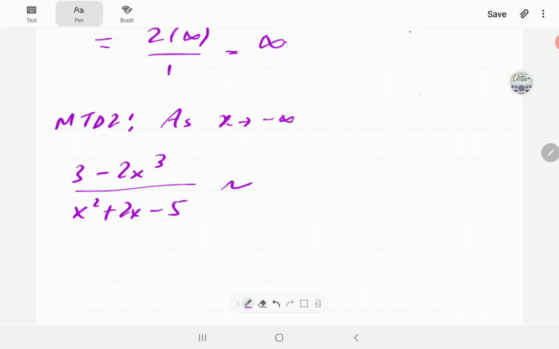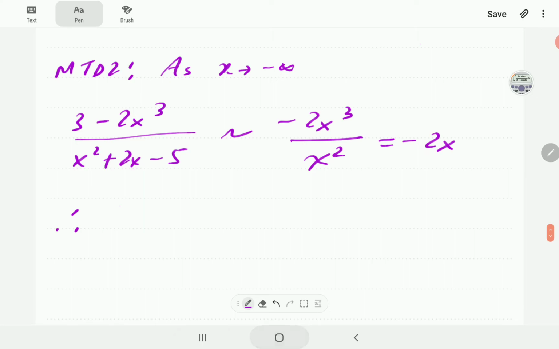The numerator is going to be dominated by 2x cubed. The denominator is going to be dominated by x squared. So this whole thing is going to behave like negative 2x.